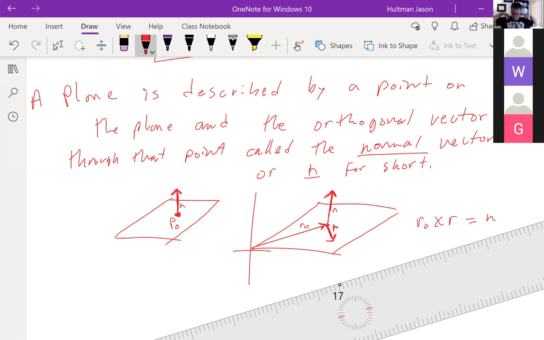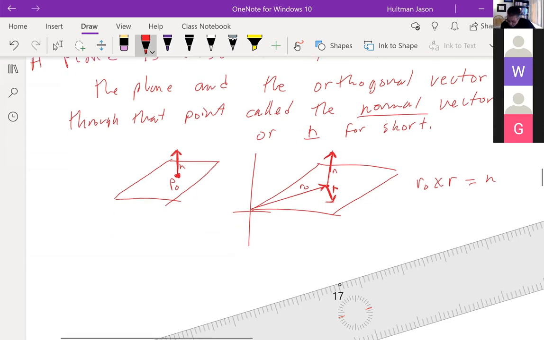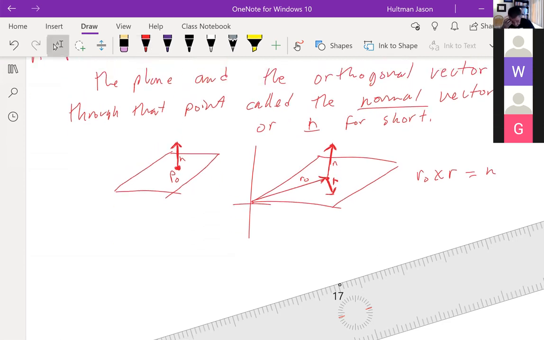Now, what's the dot product of a vector to a normal vector? Anybody remember? 0. Yeah, it's 0, exactly. It's 90 degrees, right?